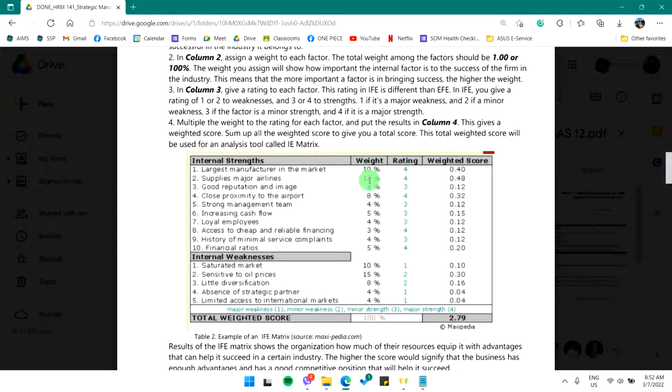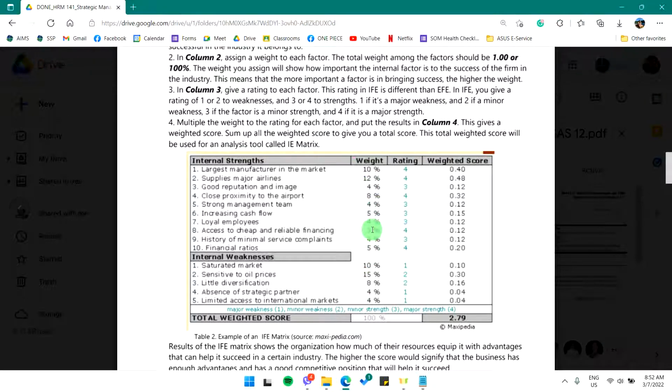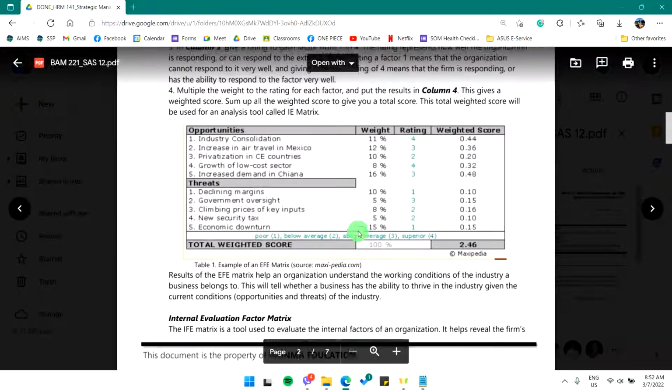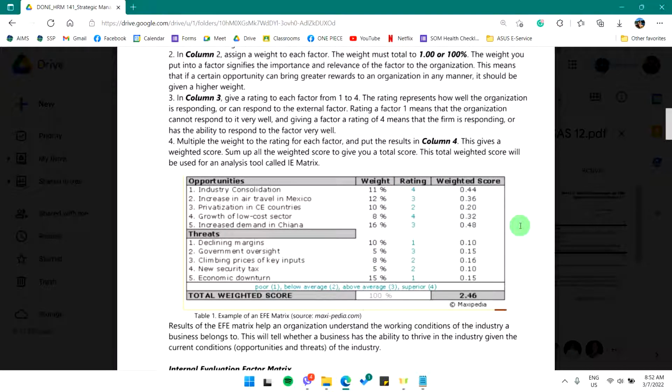If it brings us closer to success. That is how we will rate the weight value here in the internal matrix. Next is the rating. We will rate it 1 to 4 lang ang rating natin dito. 1 being the lowest and 4 being the highest.